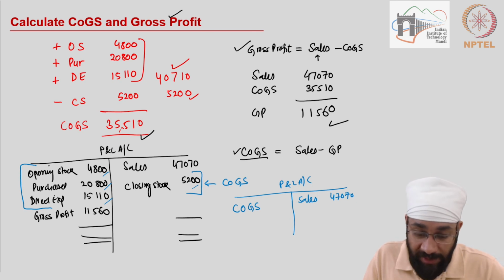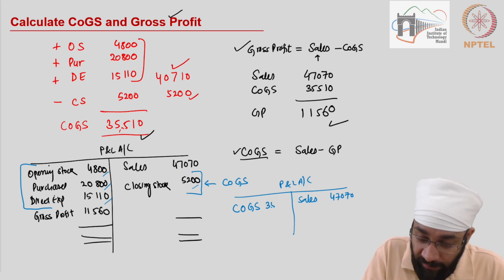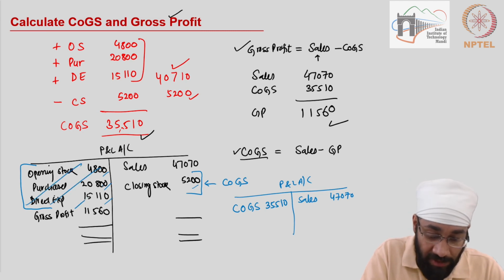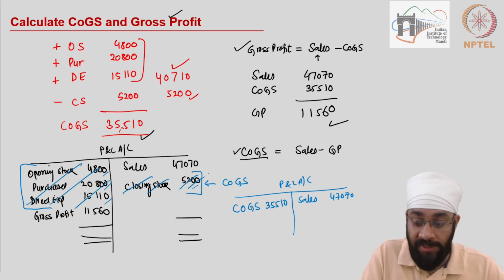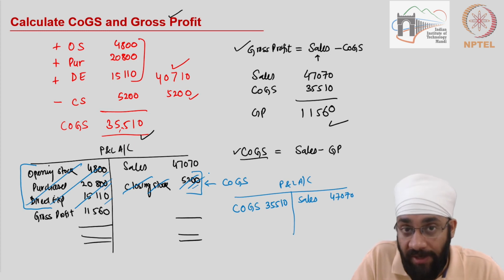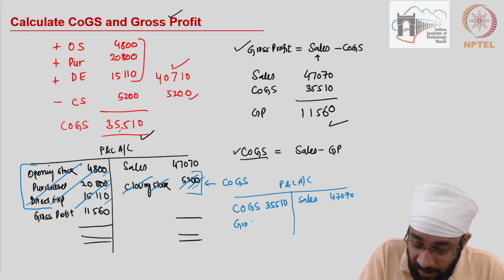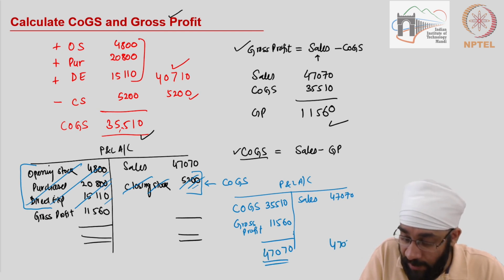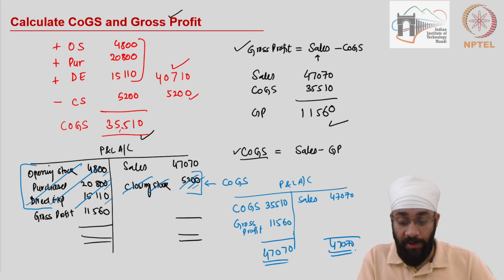Directly, you write this figure 35510, and now you don't need to write any of these four numbers because you've written the net effect. And then you can write the gross profit number, which is 11560. I hope this comes out to be correct. Yes, that's right. 47070 is the total.